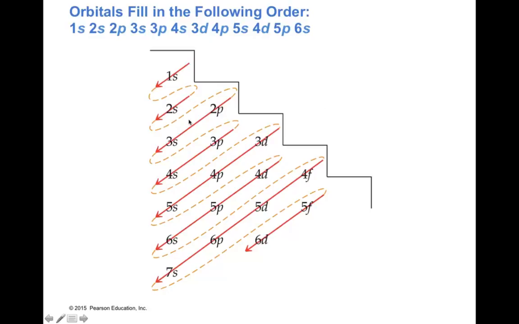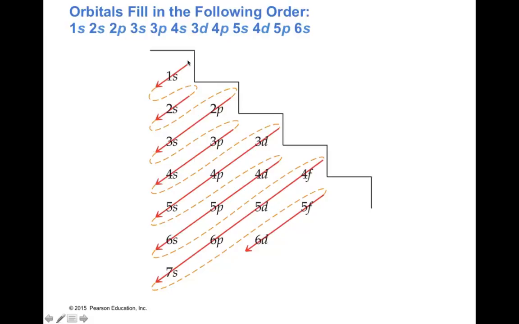So this is the way that we can write the order. We can draw a ladder: 1s, 2s, 2p, 3s, 3p, 3d, 4s, 4p, 4d, 4f, 5s, 5p, 5d, 5f, 6s, 6p, 6d, 7s, and then draw arrows diagonally from the right side to the left side.